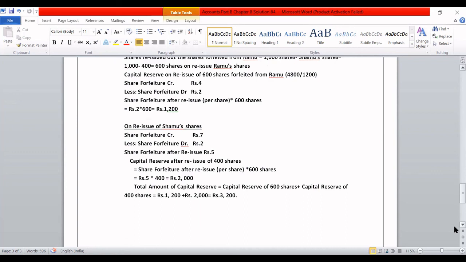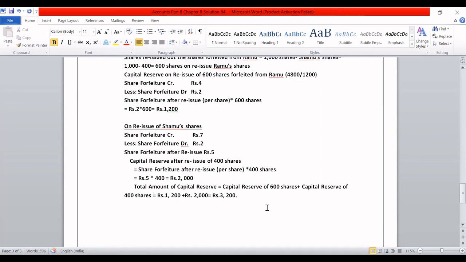Now, from Shamu's share, how much was credited? Rupees 7. And the forfeiture account debit is rupees 2. Therefore, the share forfeiture after reissue is rupees 5. Now, the capital reserve after reissue of 400 shares is 400 into 5, that is nothing but 2,000.